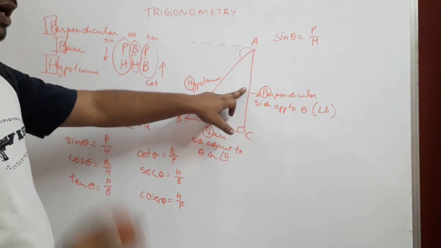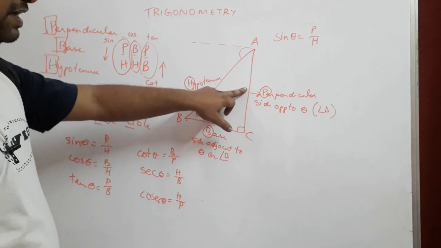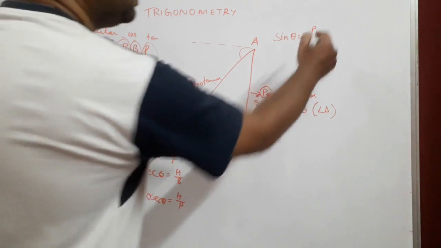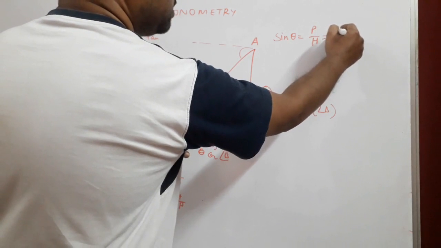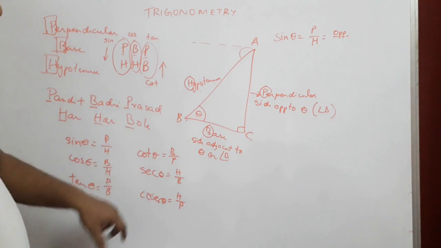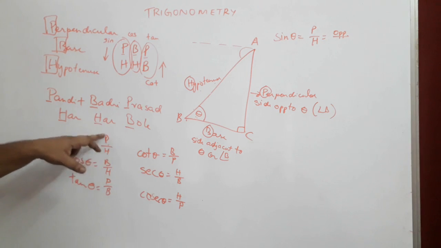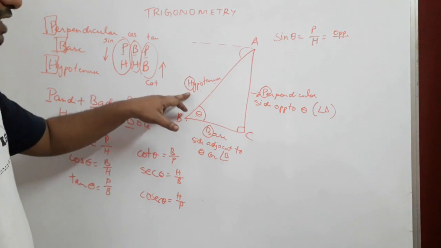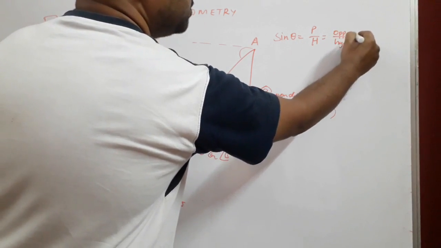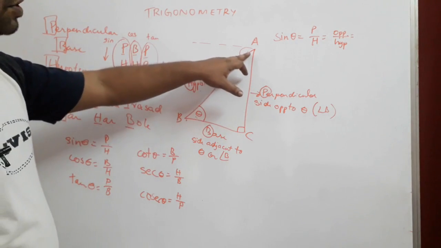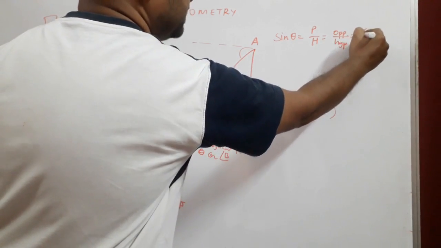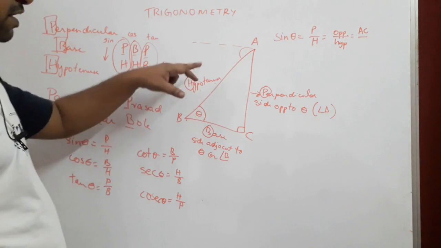P is our perpendicular, fine. But what is it actually? It is the side opposite to the theta, that angle. So that is opposite. And upon what is it? It is saying H, P upon H. P is this, H is hypotenuse. So it is opposite upon hypotenuse. And if we put it in terms of the letters that we have given for the sides, it would be AC upon AB.